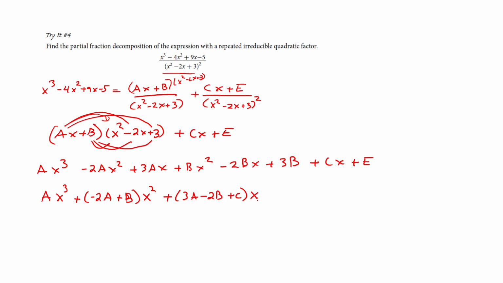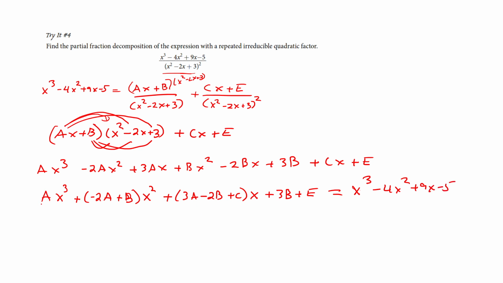Those are my x terms. And lastly, no, not yet. Yeah, it is. I've also got 3b plus e. Okay, now I think I grouped all that correctly. And so let's match it up now with x to the 3rd minus 4x squared plus 9x minus 5.